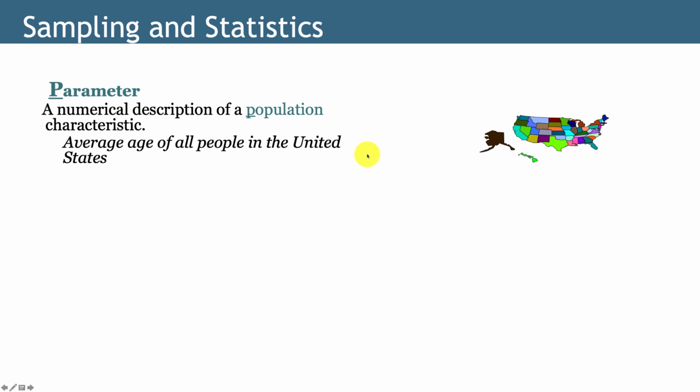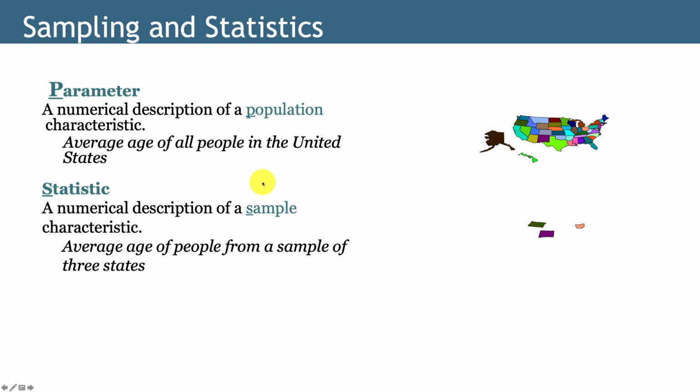But maybe a little more challenging is if I want to know the favorite color of students at DMAC. Now that's challenging because I don't have that in a database, so I'd have to ask you. And I don't have the time and money to ask every student at DMAC. So then we would take a sample.